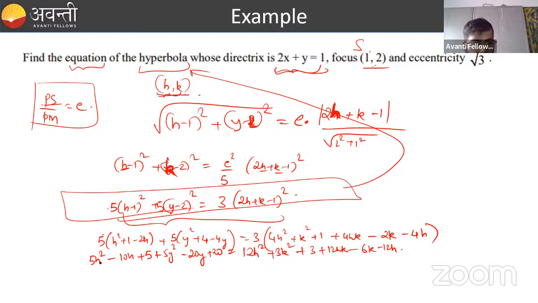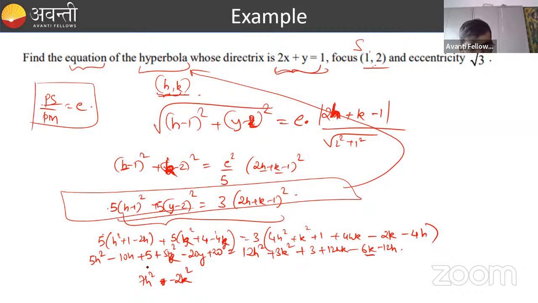Now bring that h square here, it becomes 7h square minus 2k square, sorry, this is k, 2k square.